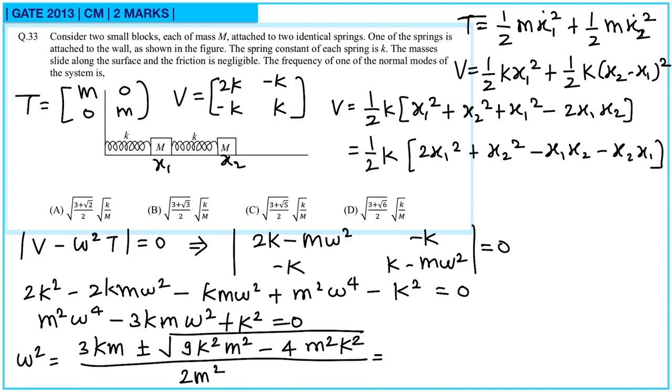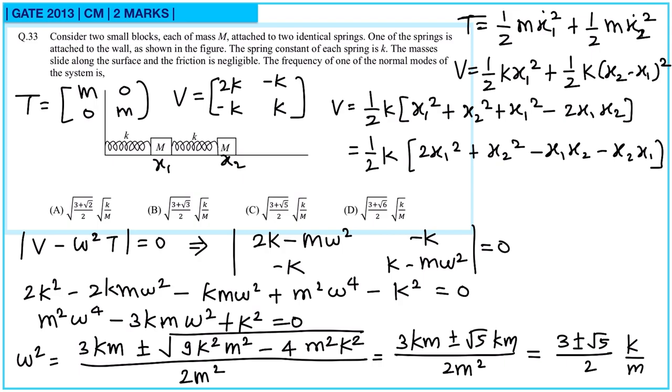This is equal to 3km plus or minus, this is 5, so root 5 km upon twice m square. So m can be cancelled throughout and finally we'll get omega square as 3 plus or minus root 5 upon 2 into k by m. So omega is root of this. So option C is correct.